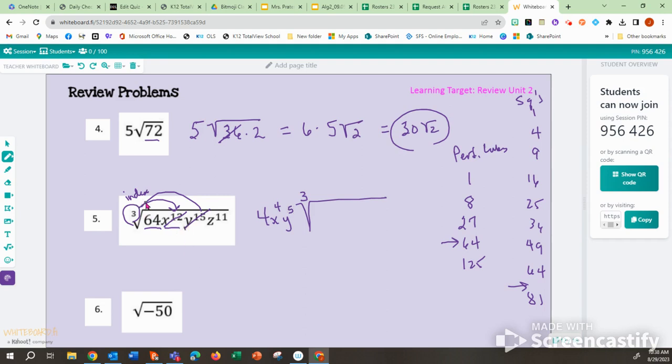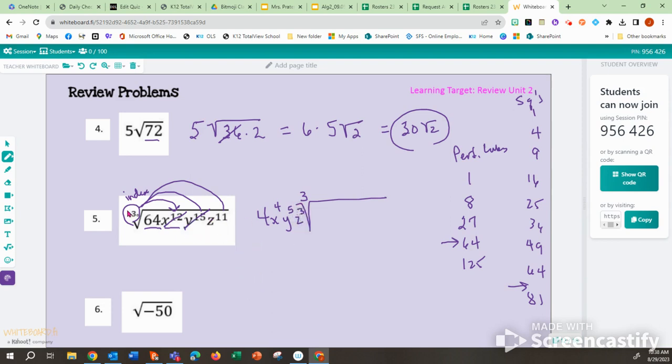Now, will 3 divide into 11 with nothing being left over? 3 is not going to go evenly into 11. Something's going to be left over, so that means I'm going to have a z. So let's go ahead and divide. 3 divides into 11 3 times. So that means I'm going to bring out z to the 3rd.